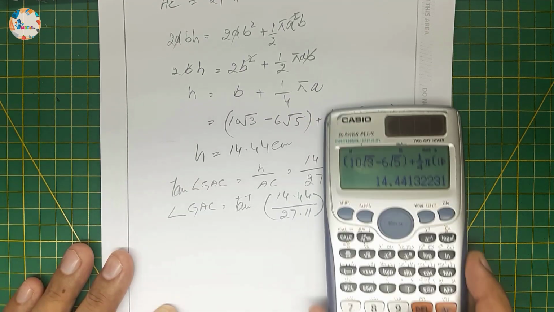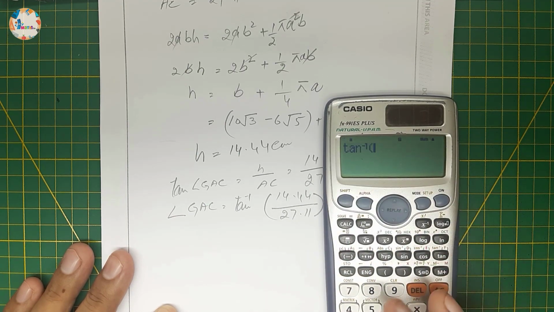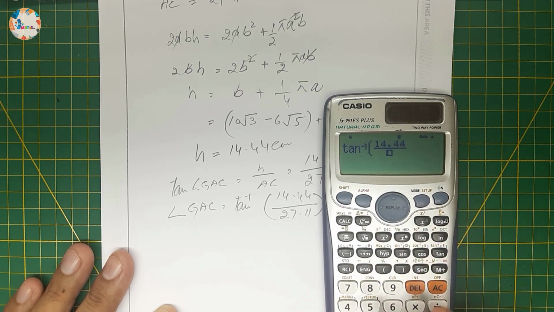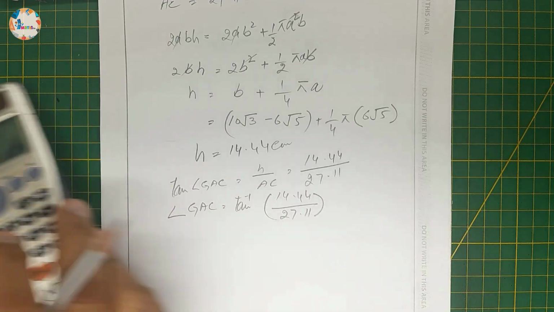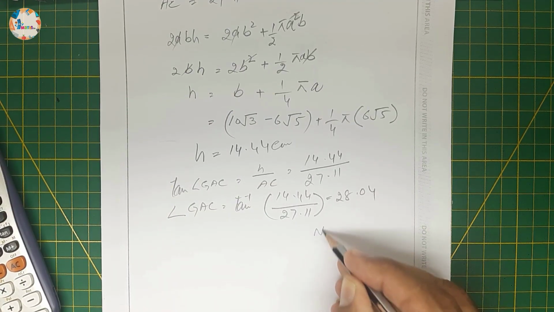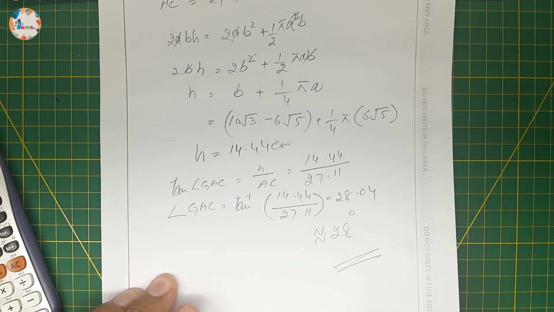We take tan inverse of the fraction 14.44 divided by 27.11, and this is equal to 28.04, and we can round it to 28 degrees. This will be our final answer to this question.